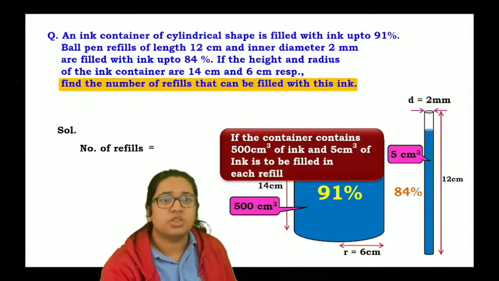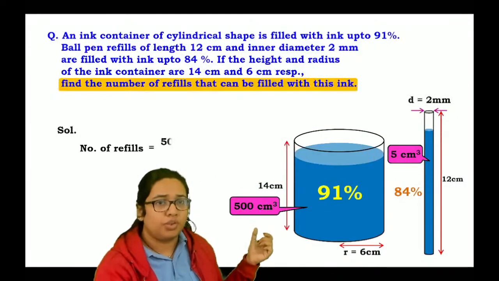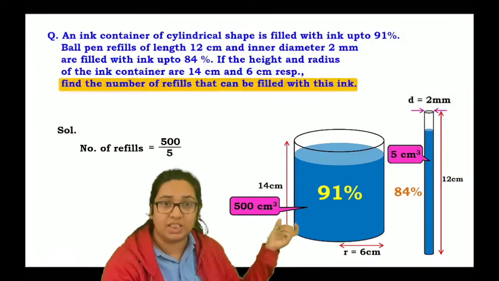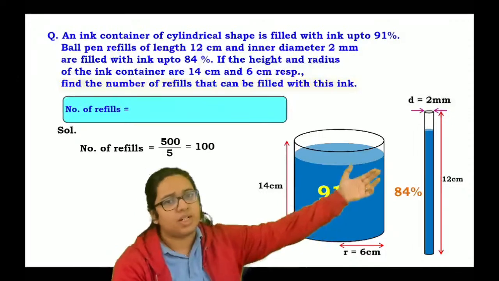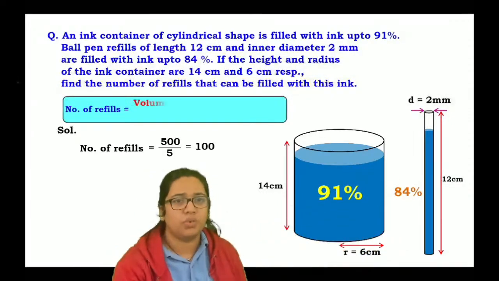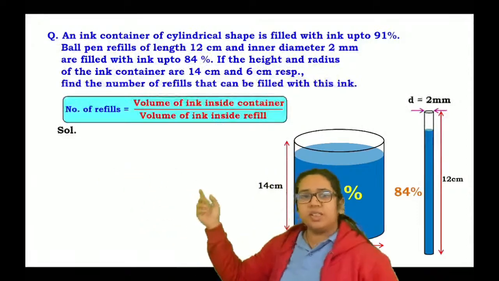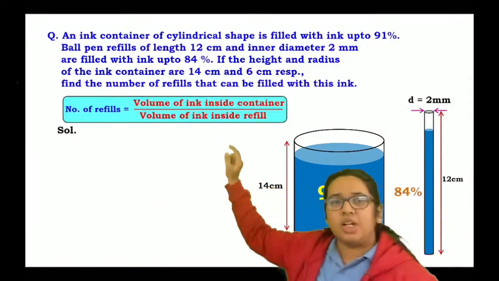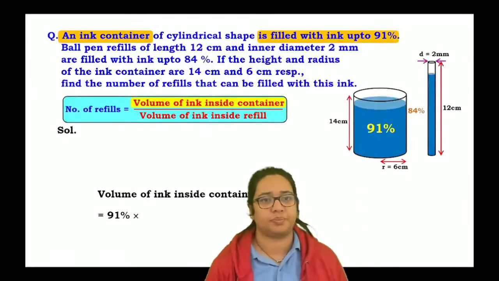Then the number of refills is the total volume of ink in the container, 500, divided by the ink required to fill one refill. It means the number of refills is the volume of the ink inside the container divided by the volume of the ink inside the refill.